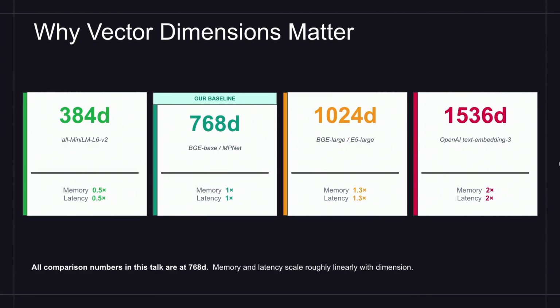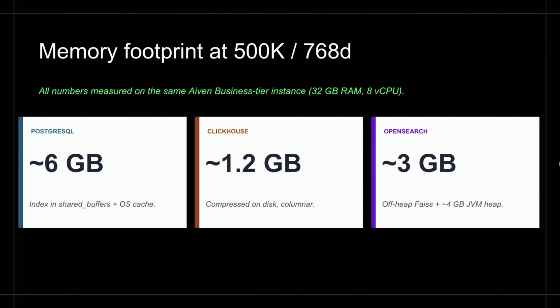And if you scale up to a larger dimension space like 1024 or 1536, the memory and latency also scale roughly linearly in that direction. I just wanted to show you how vector dimensions matter when it comes to vector search. For this testing purpose, I used a 768 dimension space.